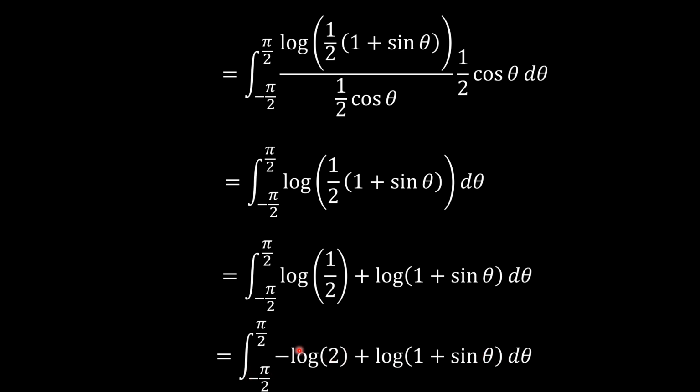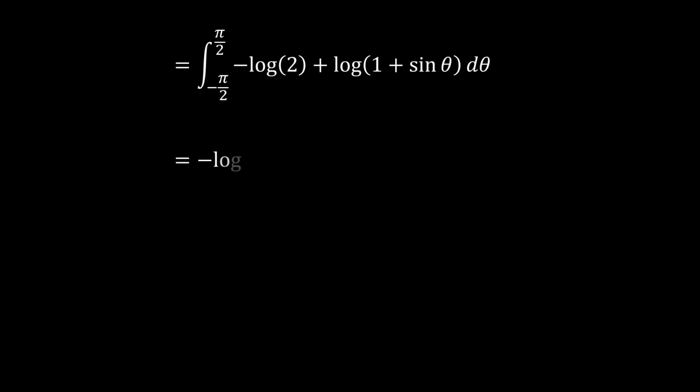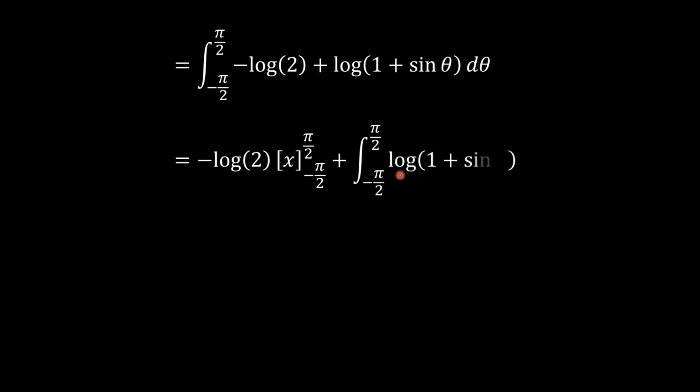And so this is a constant. We can quickly simplify that into negative log 2 times the limits applied appropriately, plus the integral from theta equals negative pi over 2 to pi over 2 of natural log of 1 plus sine theta.